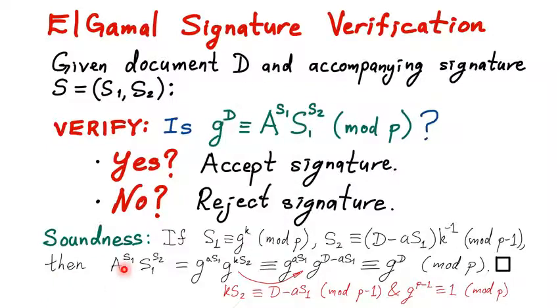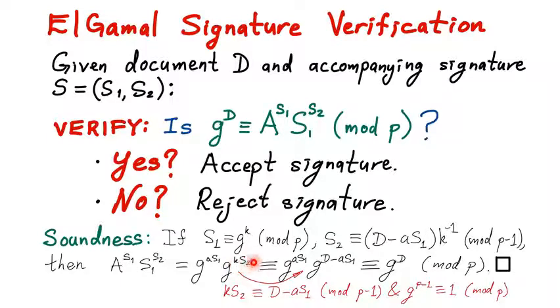Remember that the verification key capital A is g to the little a. So A to the S1 is g to the little a S1. And S1 is simply g to the k, as you may remember. So the other factor is g to the k S2. So now we just have a very innocuous multiplication of two powers of the generator g.